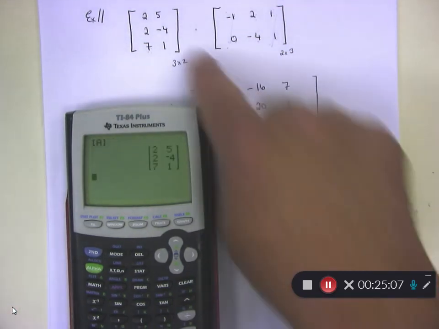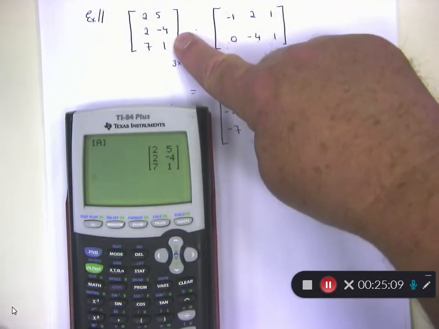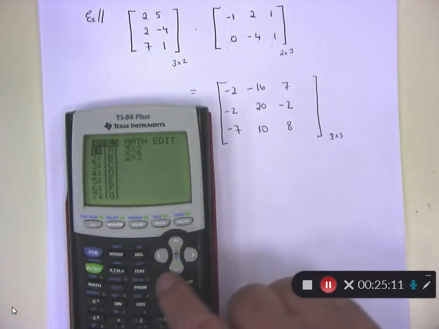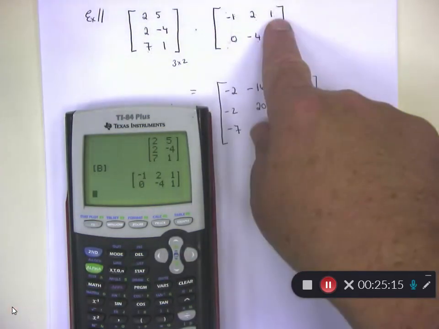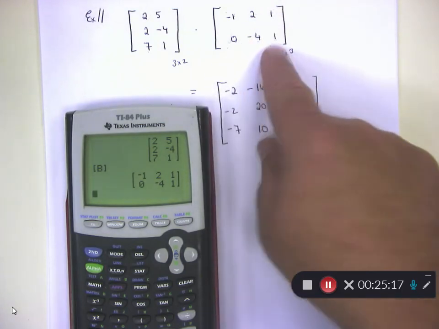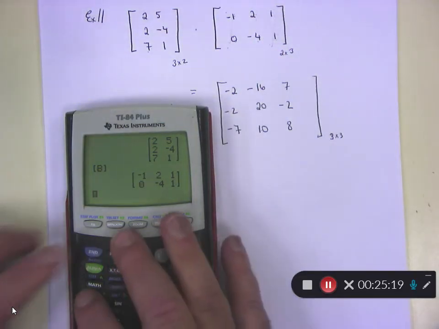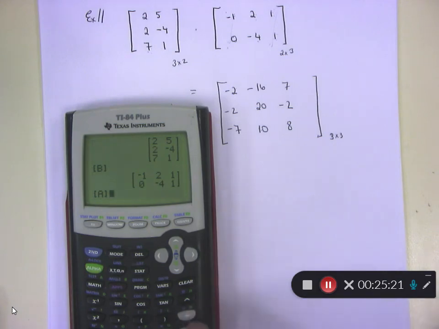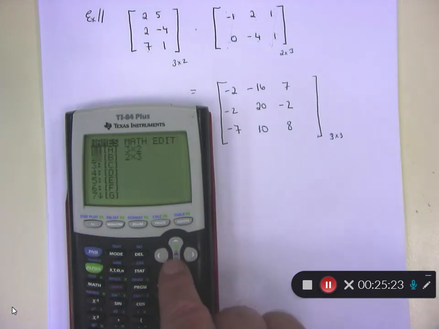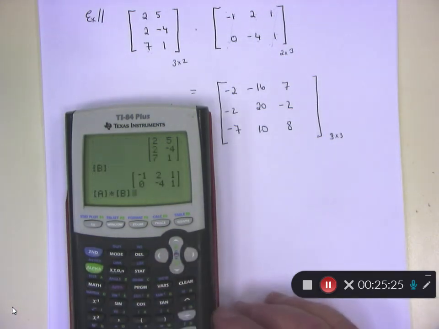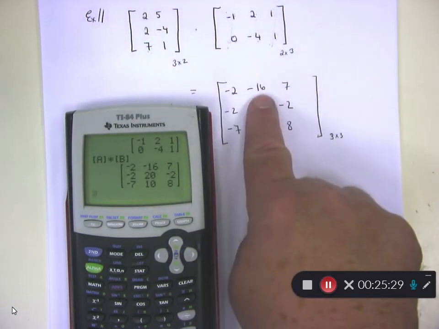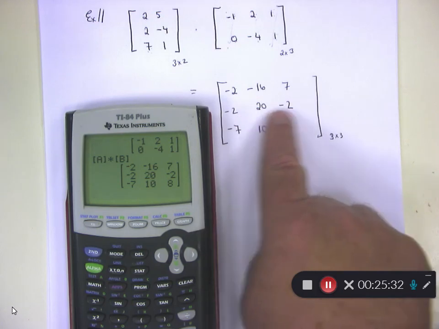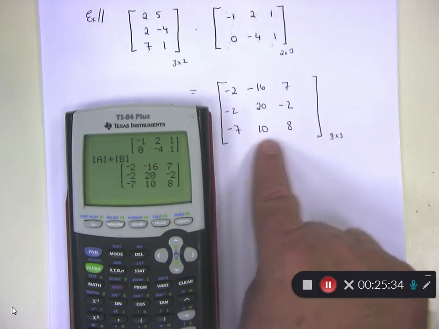Matrix A, make sure I copied it correctly. Matrix B: negative 1, 2, 1, 0, negative 4, 1. And now, matrix A times matrix B. When I hit enter, I should get this matrix: negative 2, negative 16, 7, negative 2, 20, negative 2, negative 7, 10, 8.